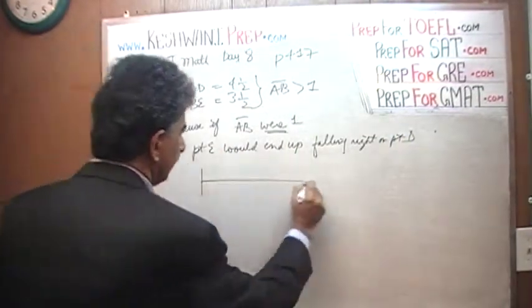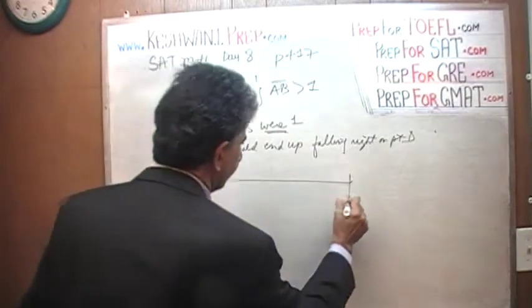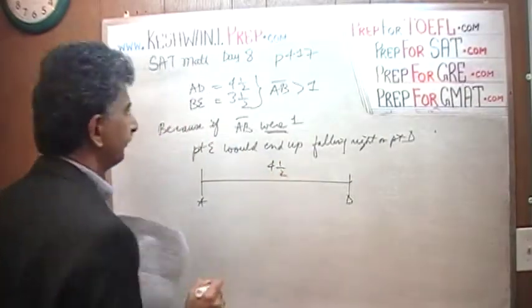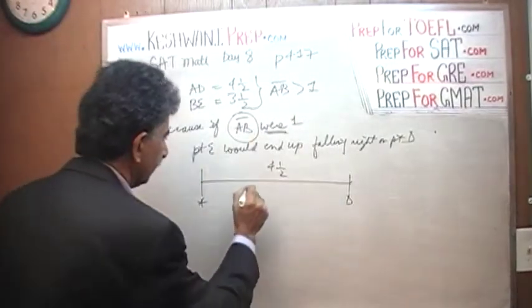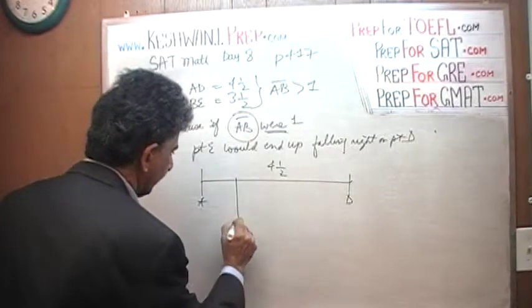Here is our A to D, and that is 4.5. What we are saying is that if A to B were 1, let's put down here 1, right here, A to B is 1.